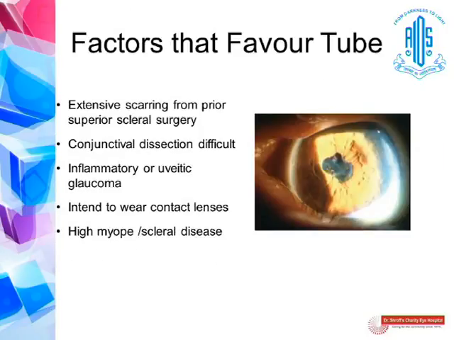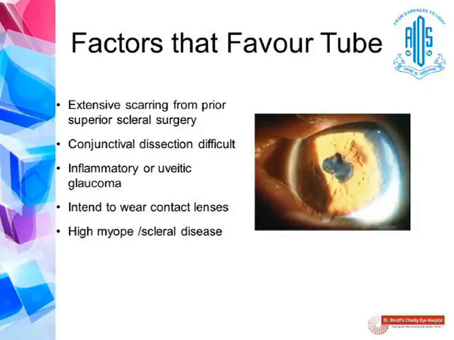But there are several factors which will favor a tube implantation. For example, a patient who has had excessive scarring from a prior superior scleral surgery where the conjunctival dissection close to the limbus is difficult, or if the patient has inflammatory or uveitic glaucoma. If the patient intends to wear contact lenses, then the thin bleb might be affected if you are doing a trab.